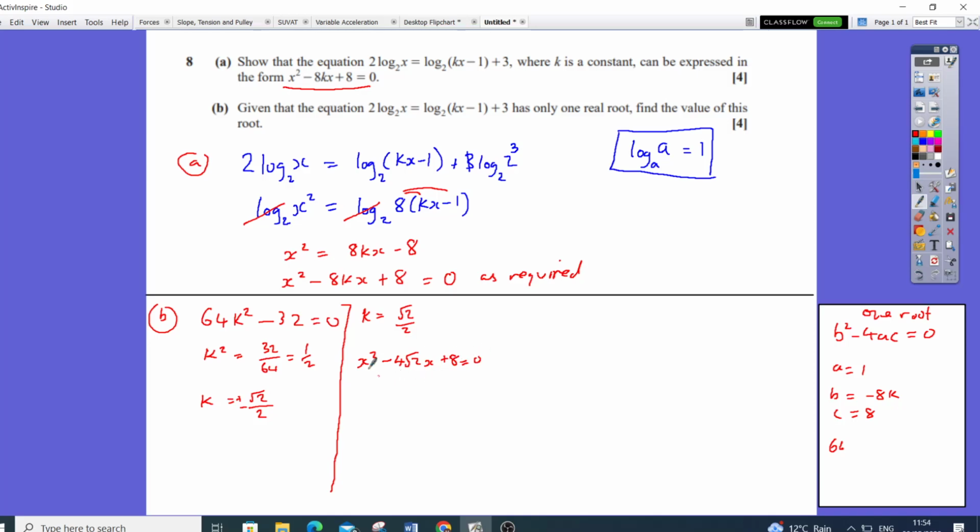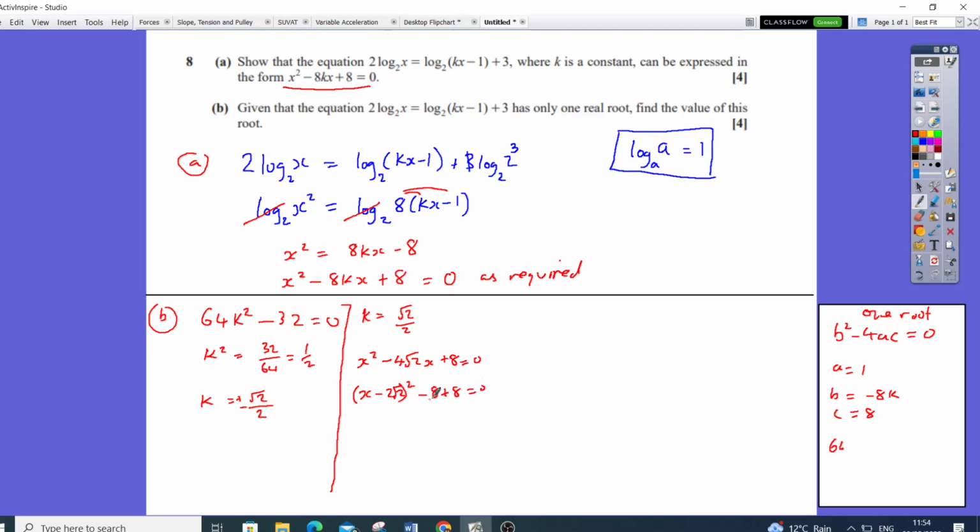equals 0. And now if I complete the square here, I'll get x minus 2 root 2, square that, because I've got x squared, double that is going to give me minus root 2. I'm going to end up with that squared, so I need to take that away. So 2 squared is 4, root 2 squared is 2, 2 times 4 is 8, so I'm going to have minus 8 plus 8.